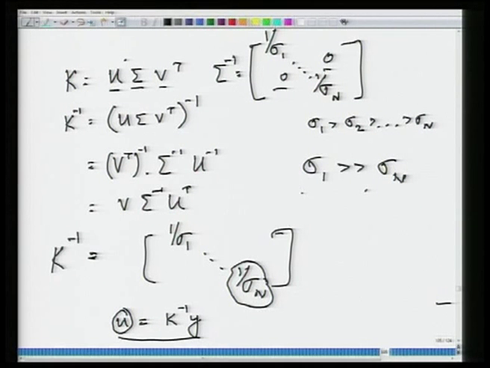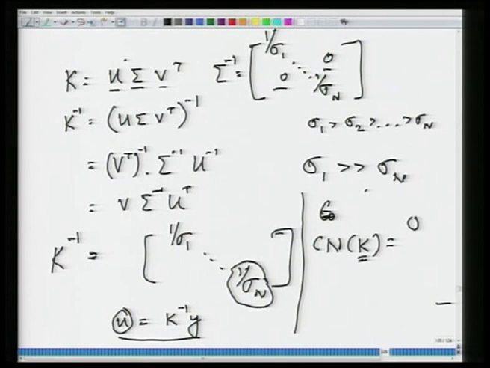The condition number of matrix K is defined as the largest singular value divided by the smallest singular value.